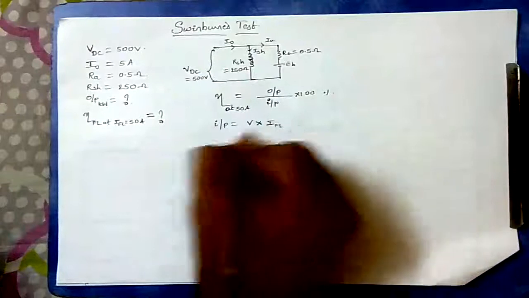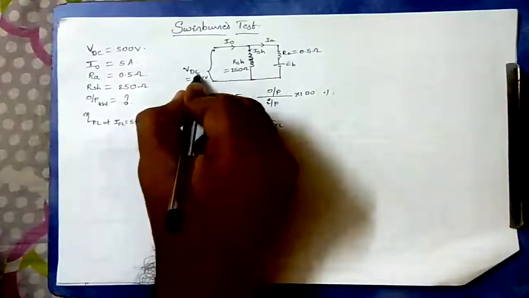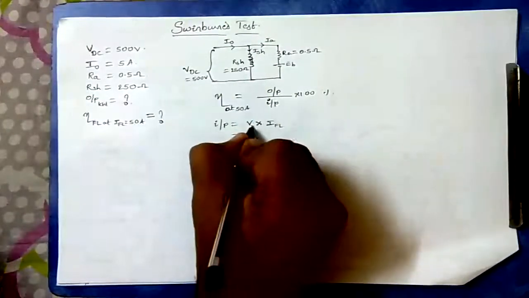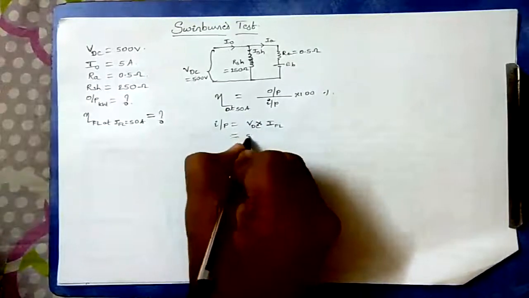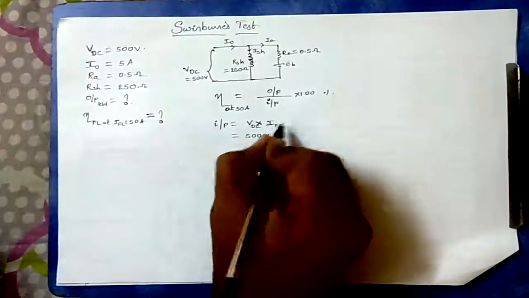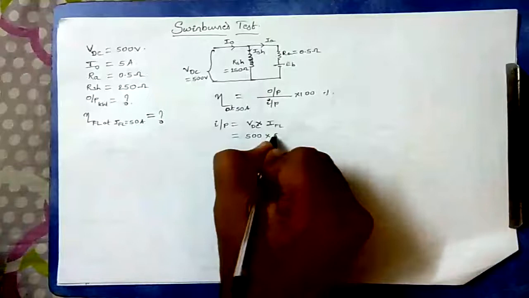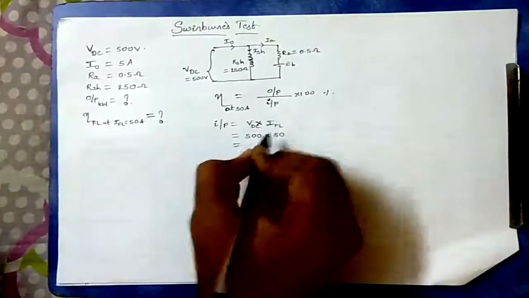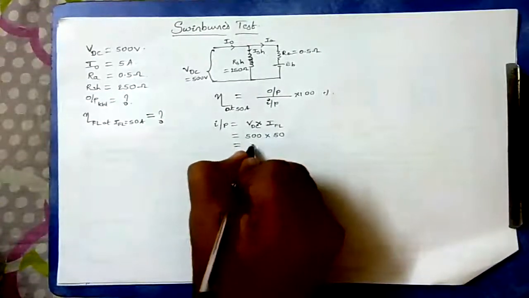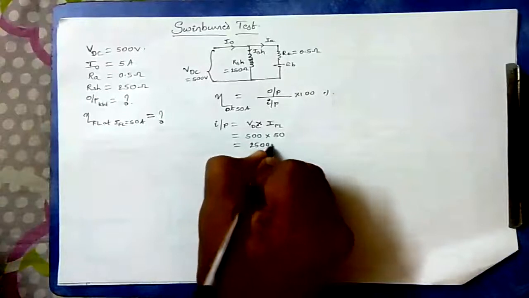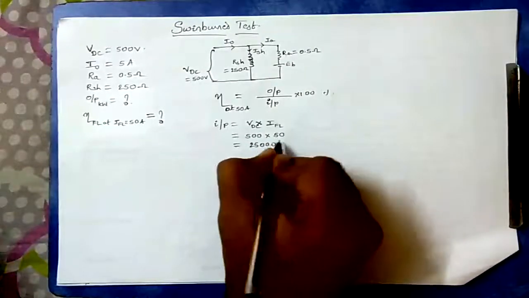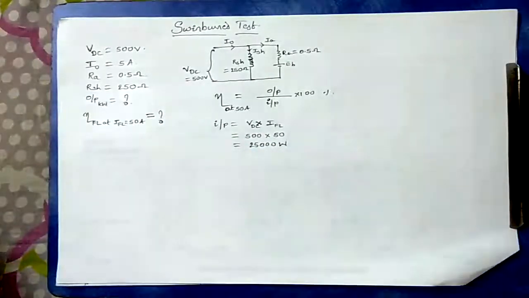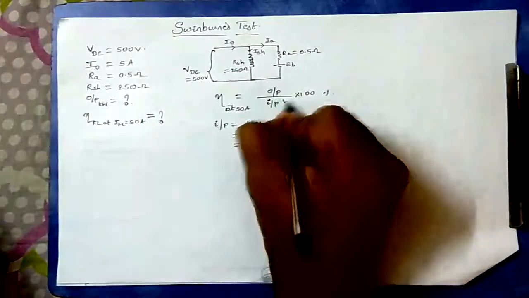So input voltage VDC is equal to 500 volt, 500 into IFL, which is 50 ampere, results in 25,000 watts. So input is done now.